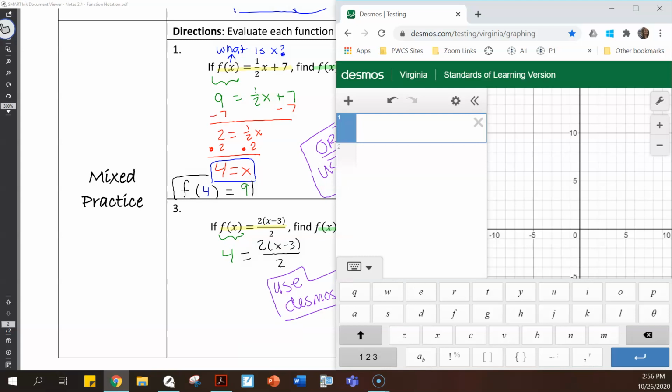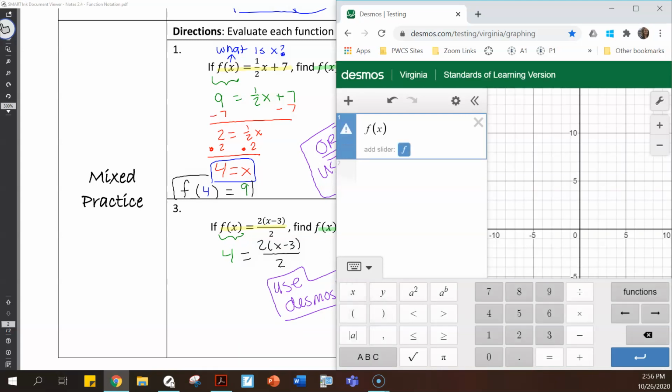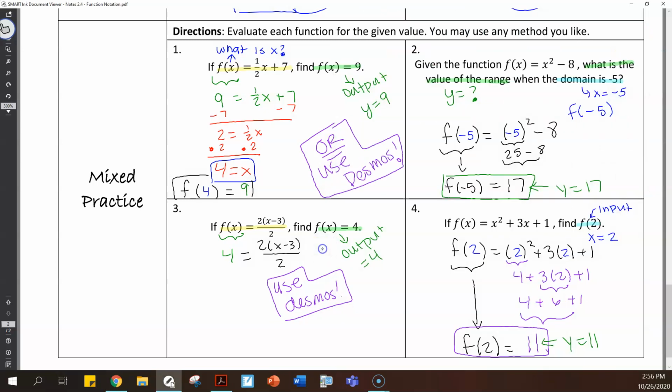So I'm going to type f of x equals, and I'm going to do my division sign first so that I can open up that fraction. 2, parentheses, x minus 3. Close those parentheses, and on the bottom, I'm going to put 2. So I've typed it exactly the way I see it. I'm looking for where f of x equals 4.